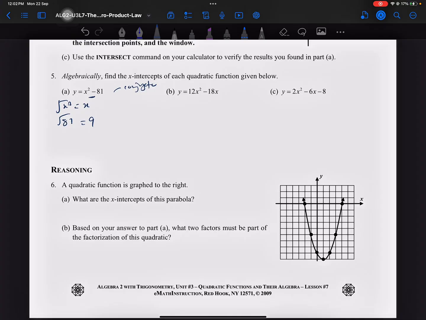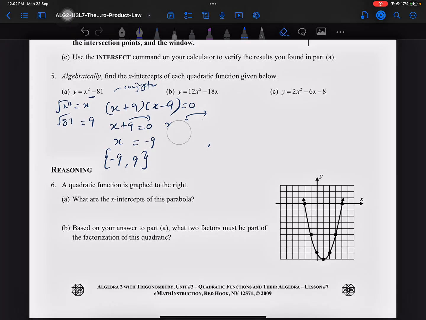So both can be square rooted, and you will have the factors 1 plus, 1 minus. Then you need to show that it is equal to 0. Then x, jump to the right, becomes minus. Jump to the right, becomes plus. So you have two values, negative 9 and 9.